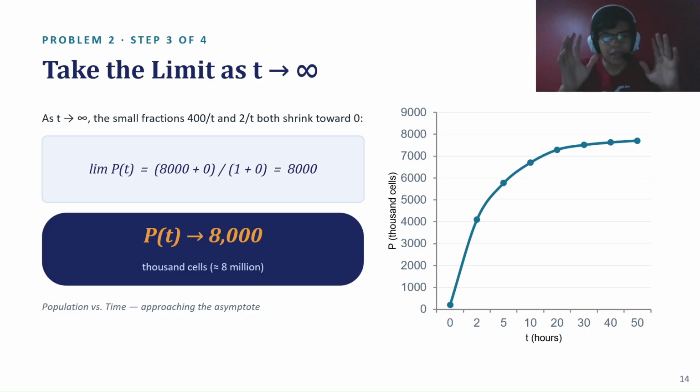Here's the formula that we need to take care of. The limit of P of t equals (8000 plus 0) divided by (1 plus 0), which equals 8000. Like this part says, 8000 thousand cells equals 8 million.